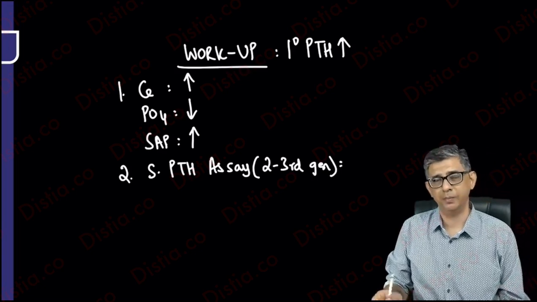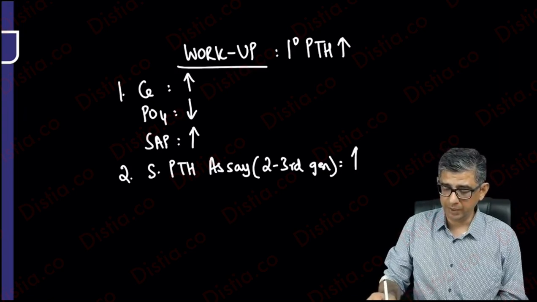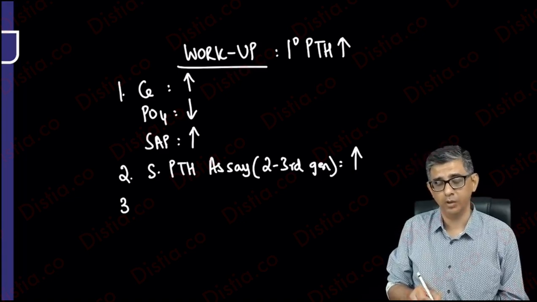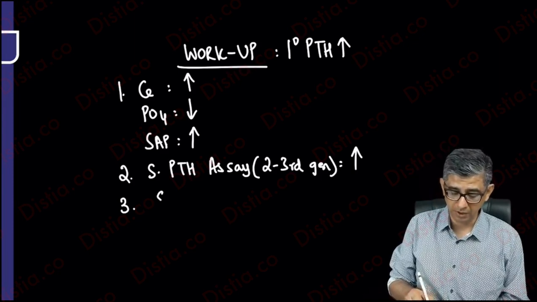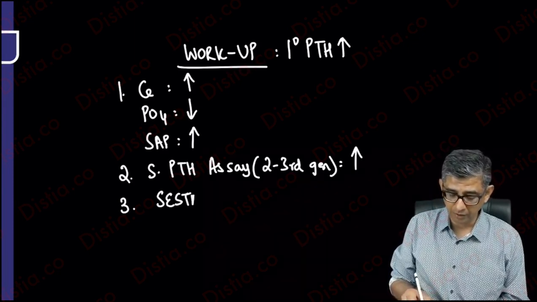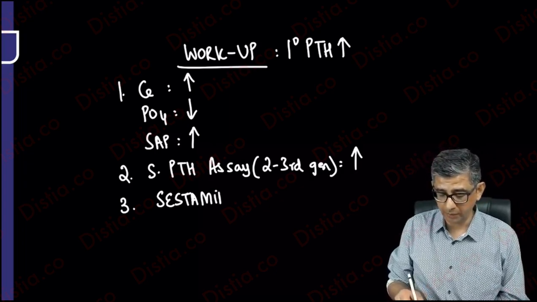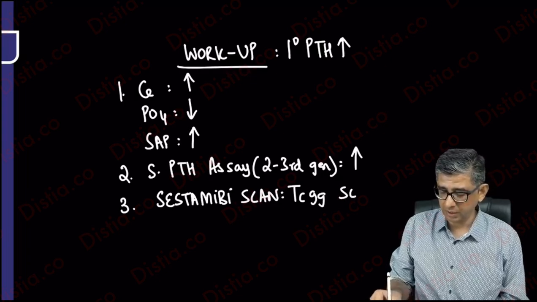So you should tell the lab to use the latest kit, whichever is available, and the serum PTH assay would show a tremendous rise in the value of parathormone. And then you need to localize the adenoma. The question will say, which of the following radionuclide scans would be useful for locating a parathyroid adenoma? Then your answer would be technetium-99, that is the sestamibi scan.